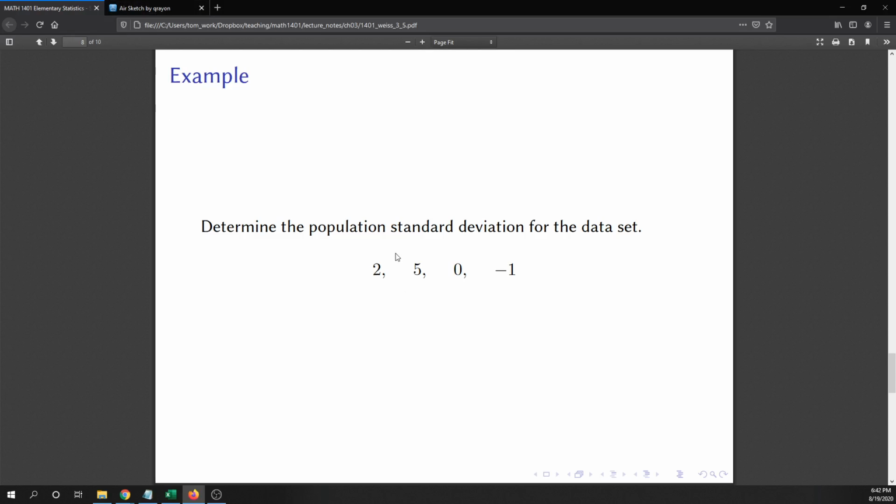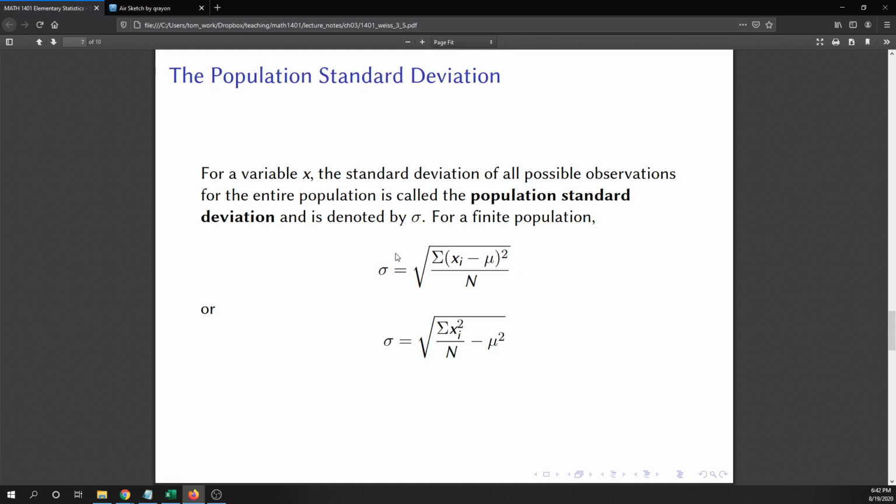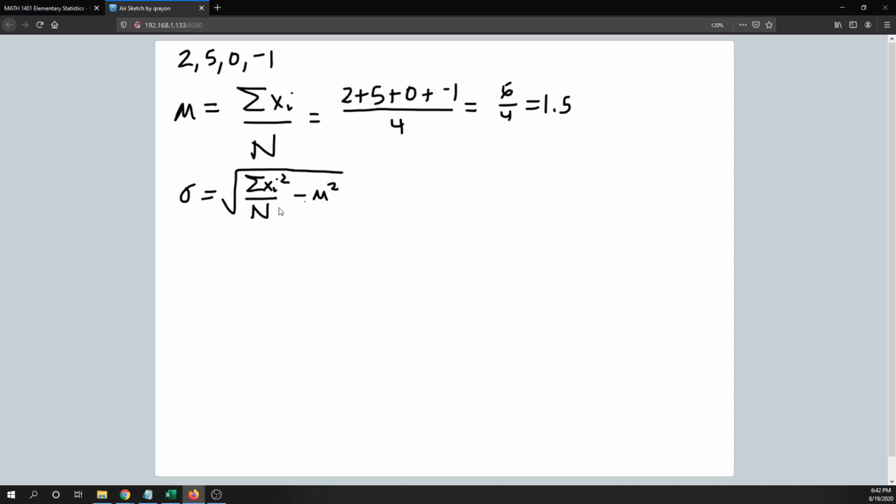So going back to our formula, remember it is sigma equals the square root of the sum of the xi squareds divided by the population size minus the population mean squared, right? So we're going to use that formula to compute the population standard deviation.